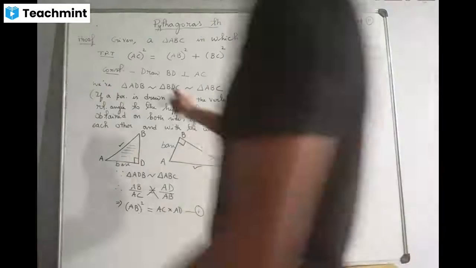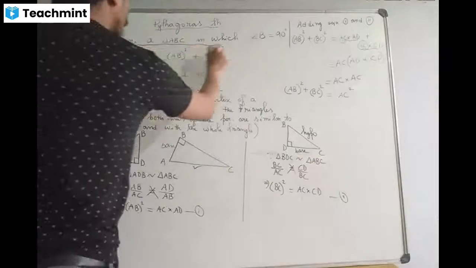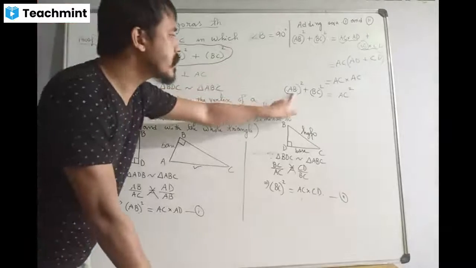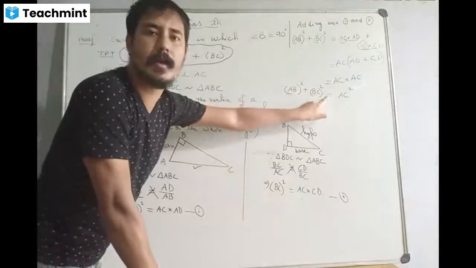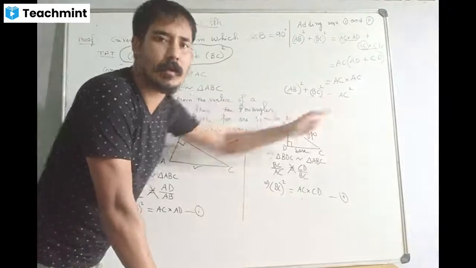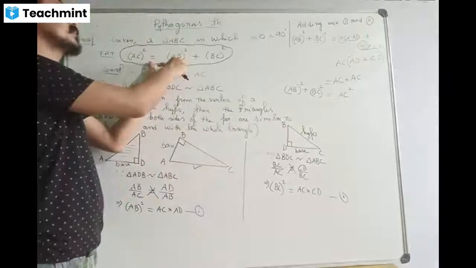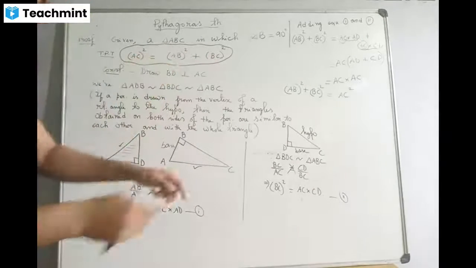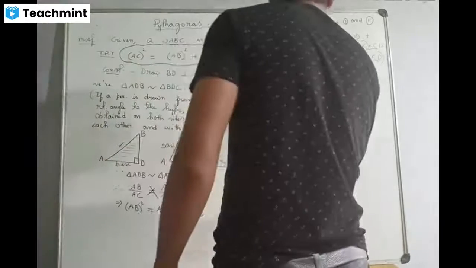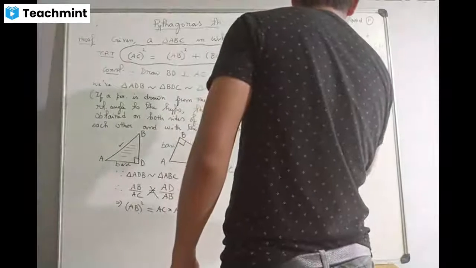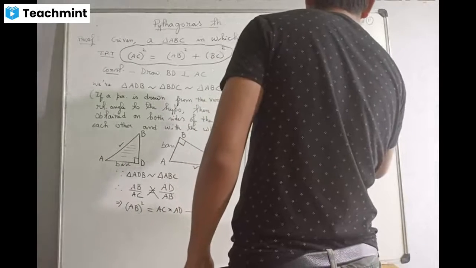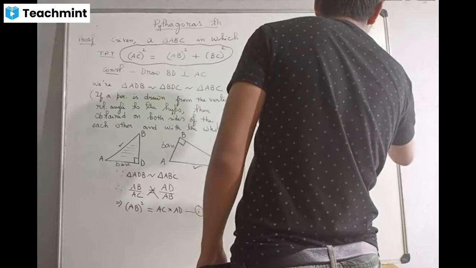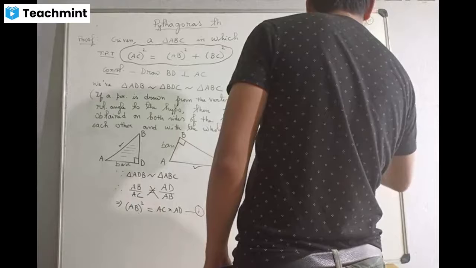Look here, this is what we wanted to prove. We have proved that AB square plus BC square is equal to AC square. And this proves the Pythagoras theorem.